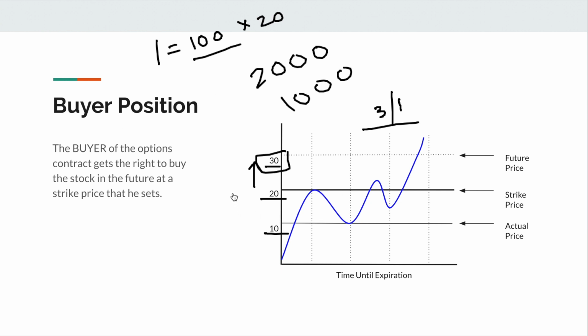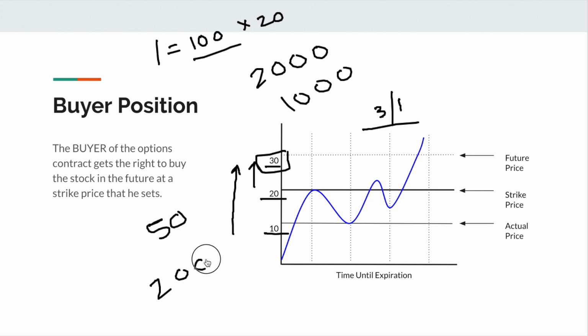What we make money on is the actual premium price of the contract, because every contract has a value to it. And as the stock price goes up towards and past the strike price, the contract value goes up. So let's say you paid $50 to enter this contract and the stock had moved up from $10 to $20, your contract value is likely to be $200.